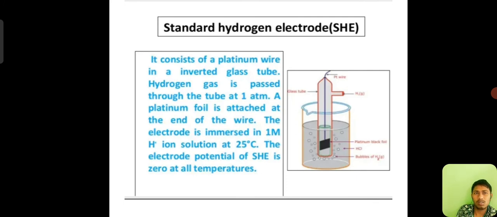The electrode is immersed in 1 molar H plus ion solution at 25 degrees Celsius. The electrode potential of SHE is 0 at all temperatures.